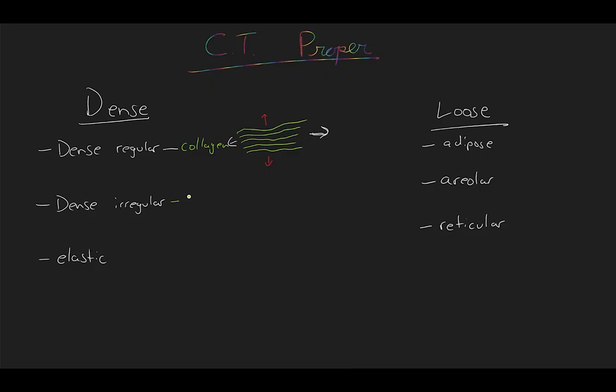Your dense irregular primary fiber type, again, is collagen. But in this, the collagen fibers run in a variety of different directions, like this. That's what separates your dense regular from your dense irregular: the direction of the collagen fibers.